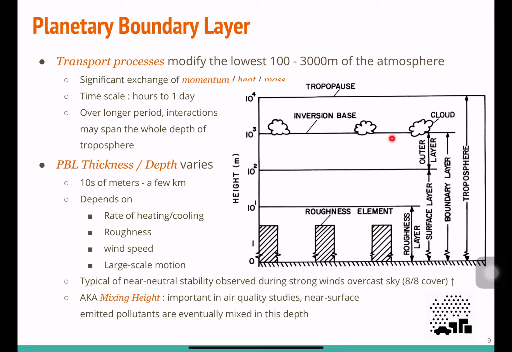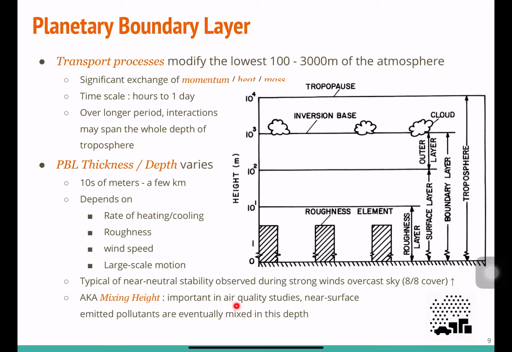So this is a typical situation for near neutral stability in the atmosphere. And then the height of the boundary layer, sometimes we call that mixing height, aka also known as mixing height.